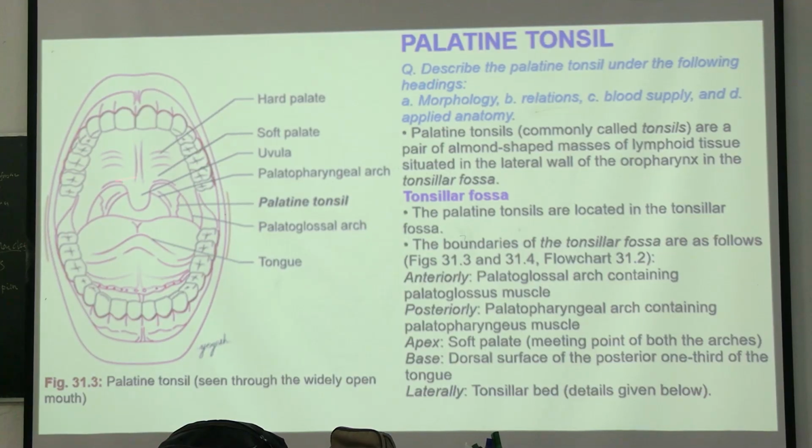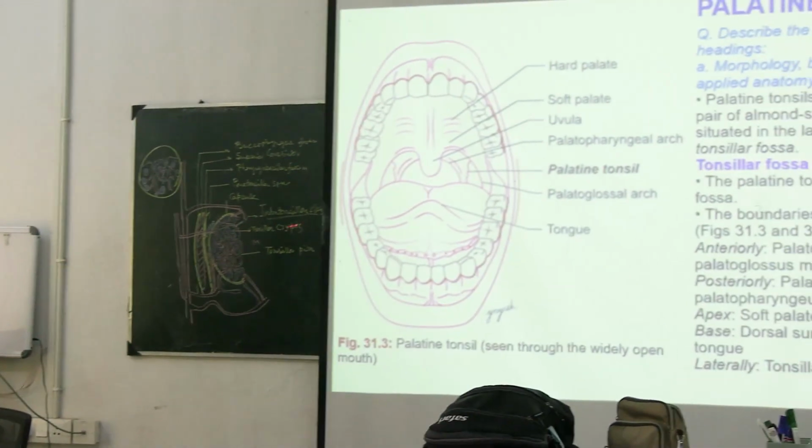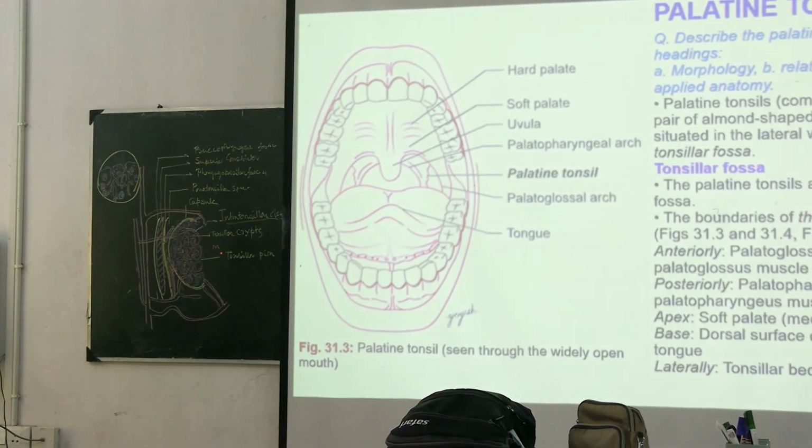Now, see, this is the hard palate, this is the soft palate, this is the uvula, this is the palatopharyngeal arch, this is the palatine tonsil, the palatoglossal arch, the tongue. In a section of the tonsil you see the intratonsillar cleft, tonsillar crypts, and tonsillar pits.